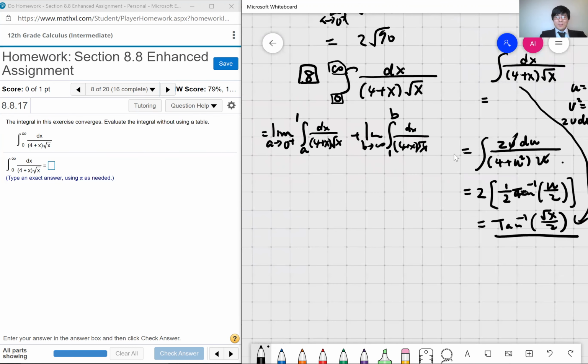Now, using the antiderivative we just derived, this is going to become inverse tangent of square root of x over 2. Maybe I should make it 4 here instead of 1 because it looks nicer. So I'm just going to change to 4. I mean, just split 0 to infinity anywhere you want. So I just split at 4. Yeah, that looks nicer.